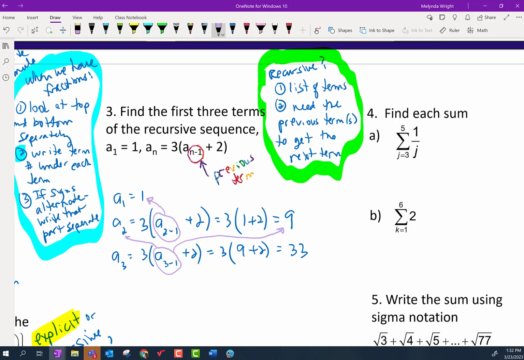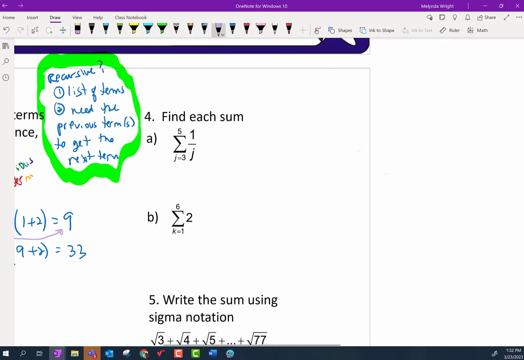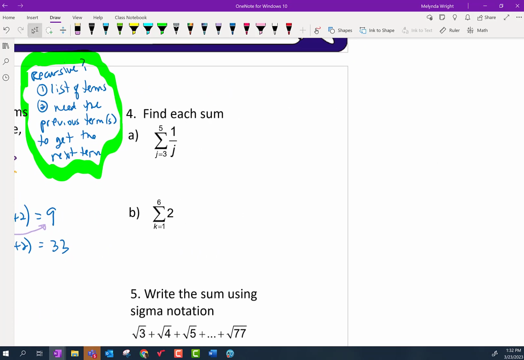Okay, so on number 4, I'm going to show you how to do this with and without the calculator. I'm going to show you how to do it without the calculator first. You need to be able to do it both ways. So what is this saying? Let's just write it in words.